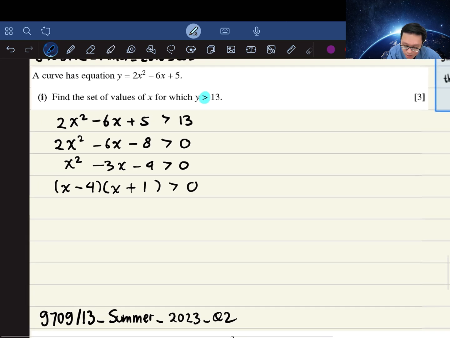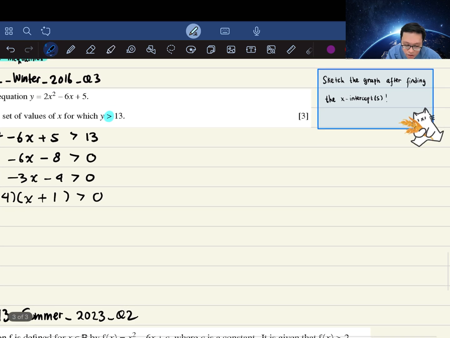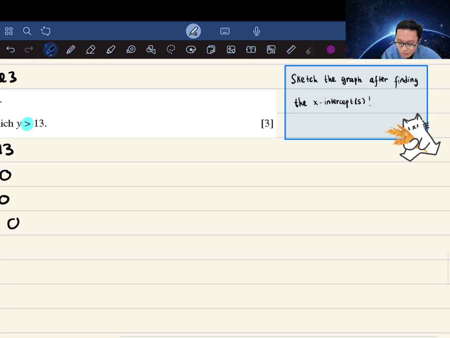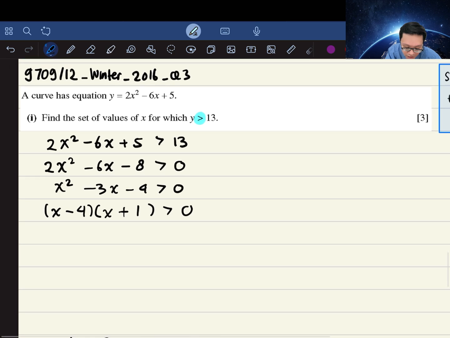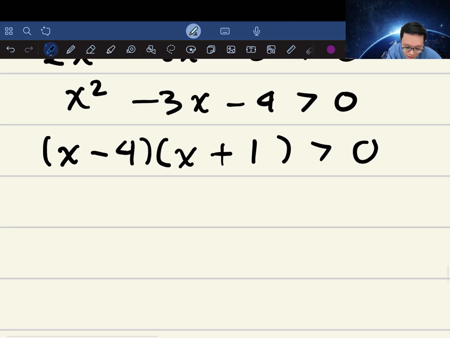So from here, we have 2 x-intercepts. Now, for solving a quadratic inequality, we can sketch the graph after finding the x-intercepts. If we look at this factorized form, we have two x-intercepts: x equals 4 and x equals -1.